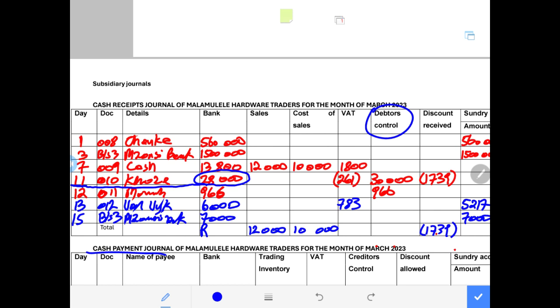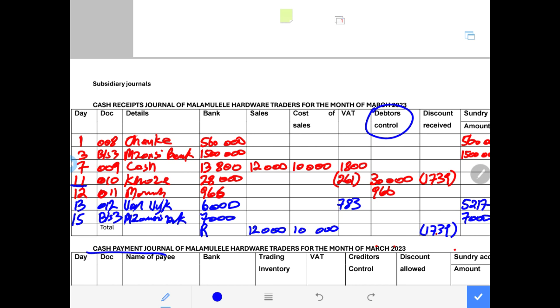If we are taking the amount under the debtors control column of the cash receipt journal, it is the amount that includes discount. But if it was this amount, 28,000, from the bank account column, that will mean this amount does not include discount.